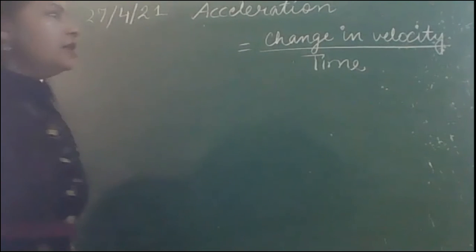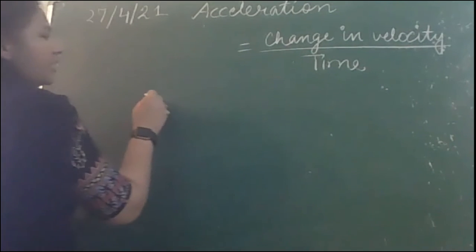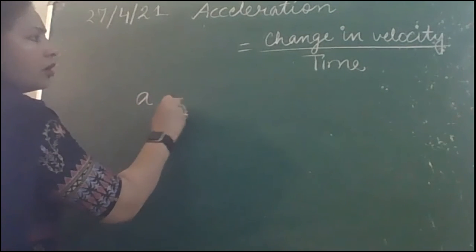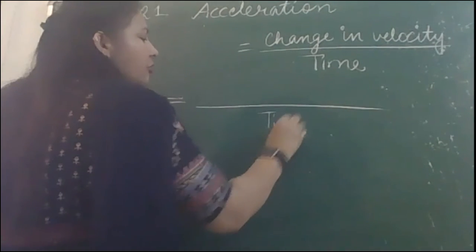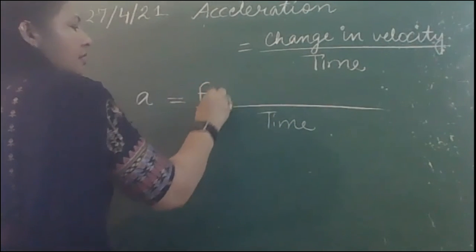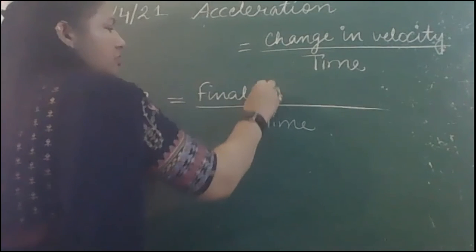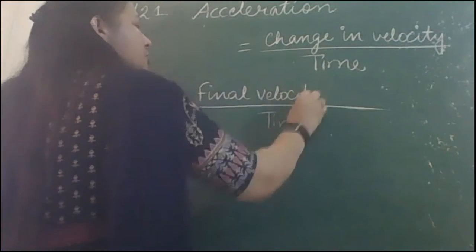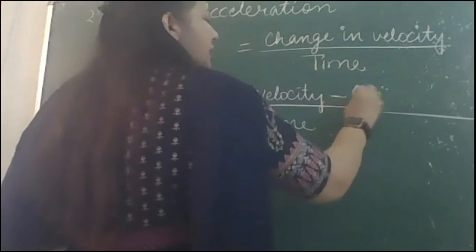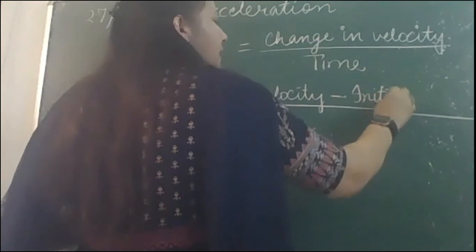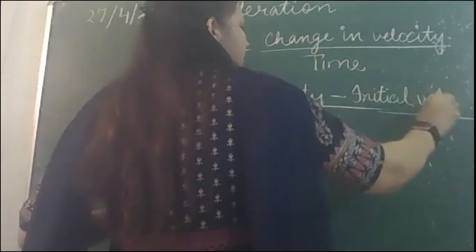ठीक है? So in terms of symbols, acceleration is denoted by small a. Change in velocity means final velocity minus initial velocity. Change means change हो रहा है, हमें इनको minus करना पड़ेगा. Final velocity minus initial velocity.